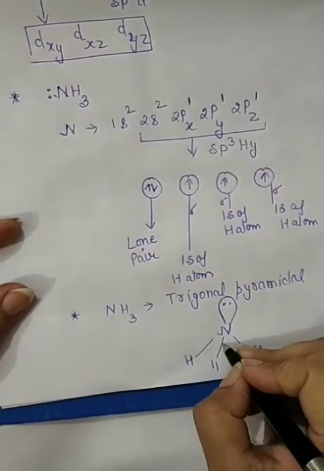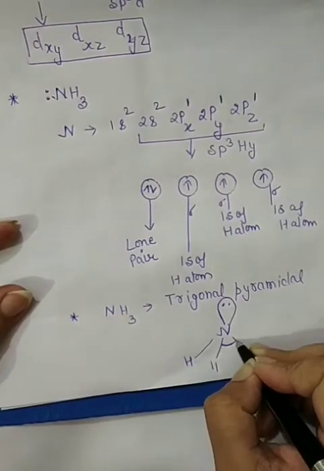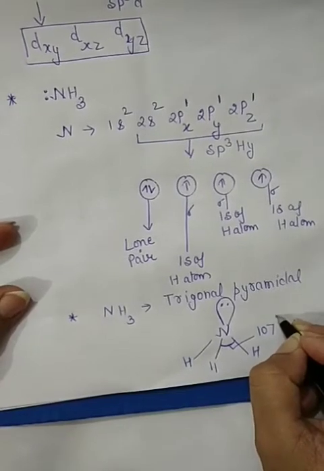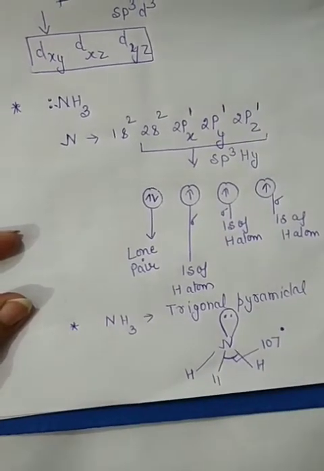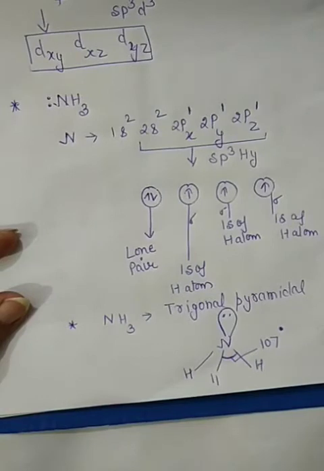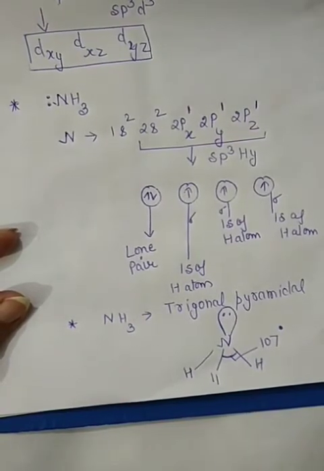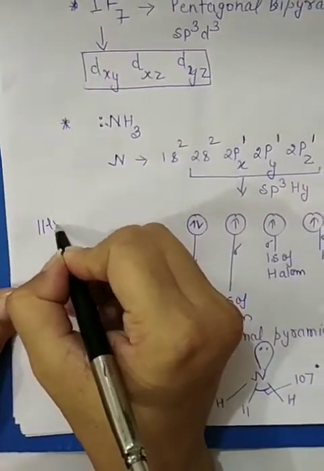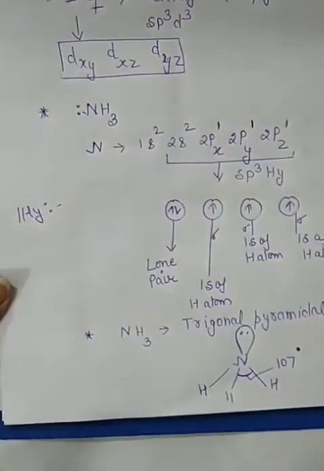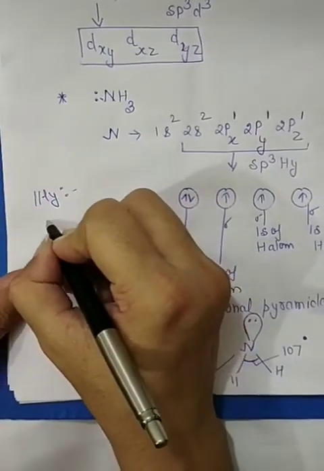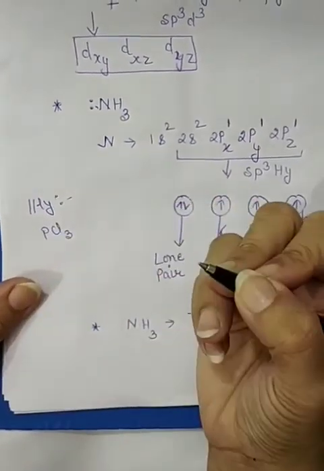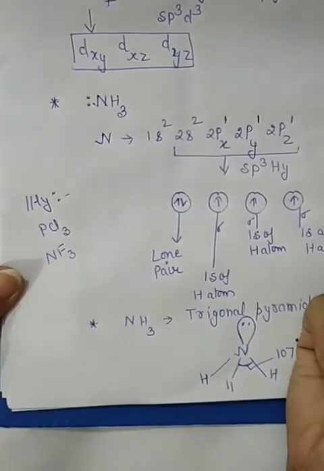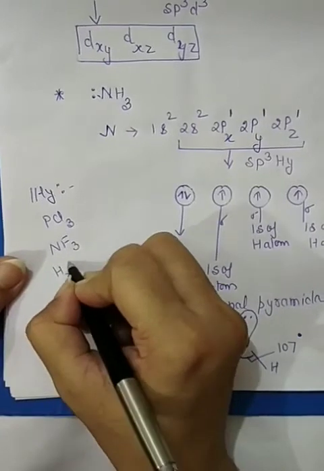If we discuss its angle, then it is 107 degrees. This angle is 107 degrees. So this is NH3. Similarly, you describe the hybridization in PCl3, in NF3, in H3O positive.